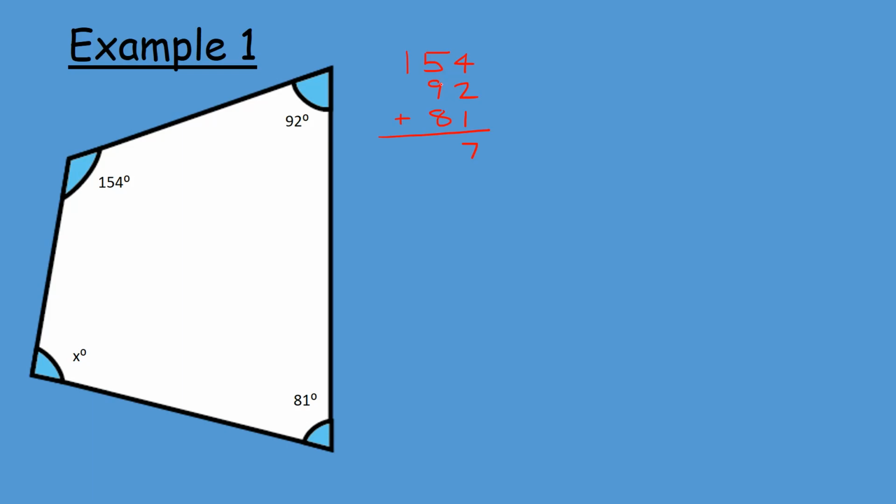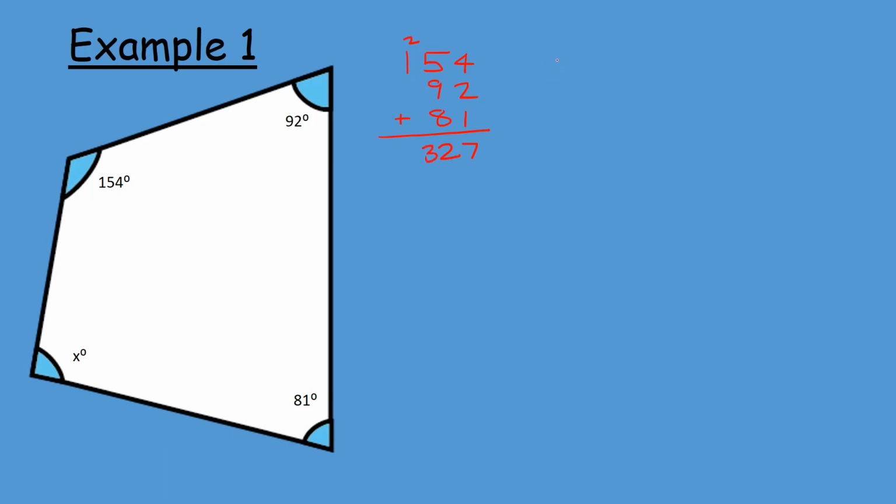So I've got 5 and 9 is 14, plus 8 is 22. So I'm not sure what's going on here. 2 and carry 2 here. So 2 plus 1 is 3.